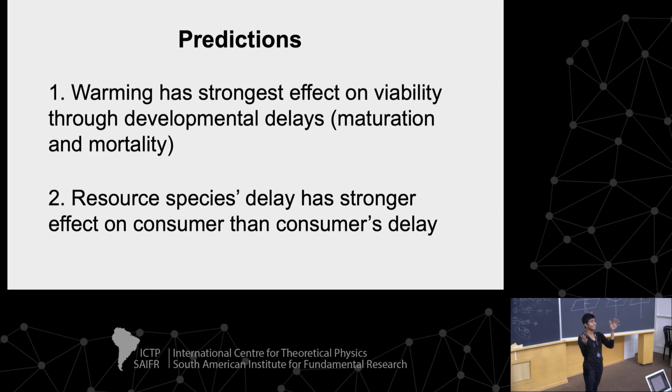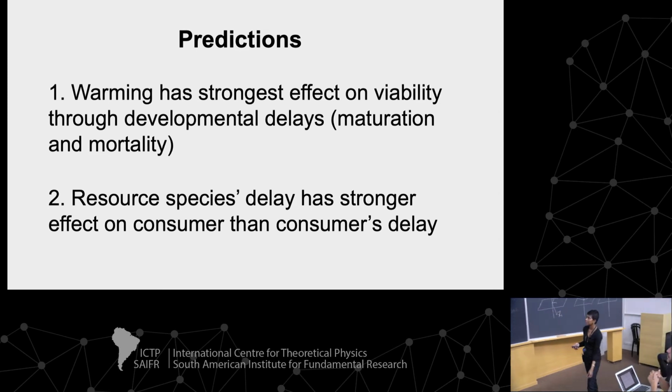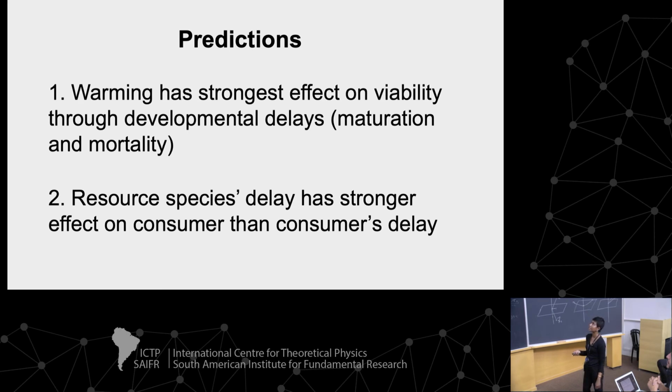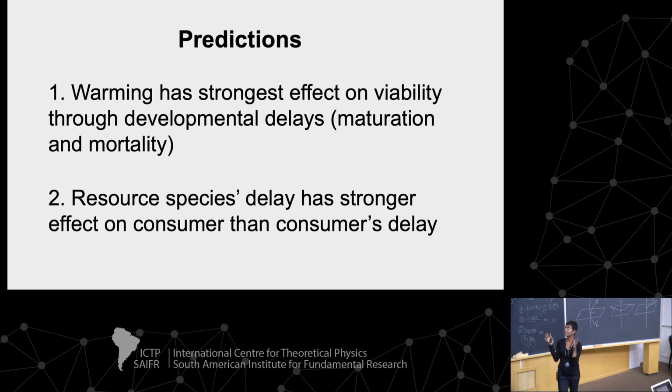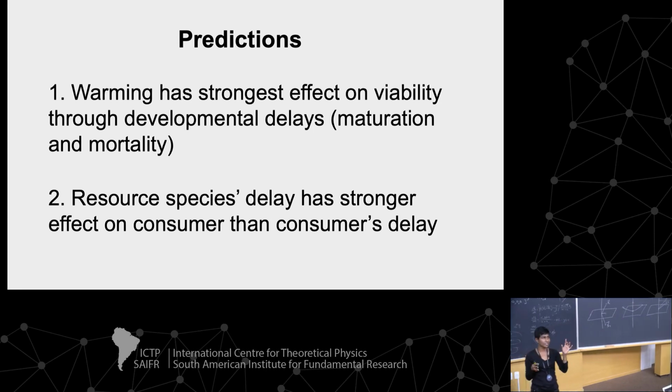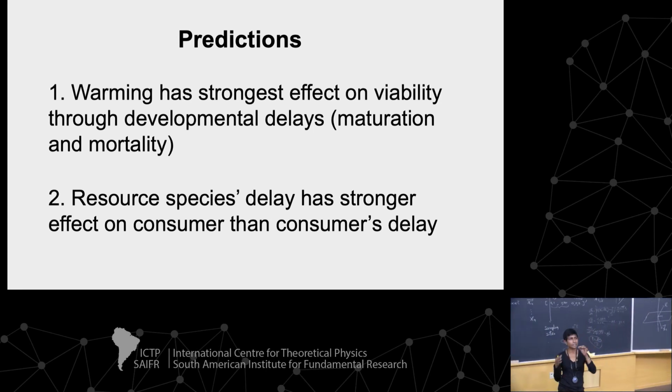Even within the model, we have this predictive ability because we have the independent information from the traits. So we are going to say that warming is going to have the strongest effect on viability or persistence through the developmental delay, which itself occurs through the product of juvenile mortality and maturation.